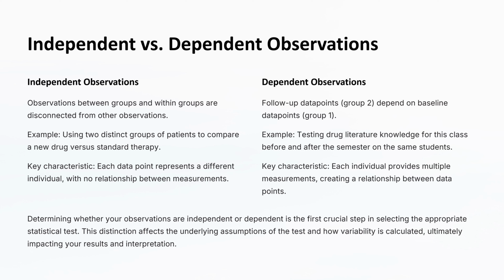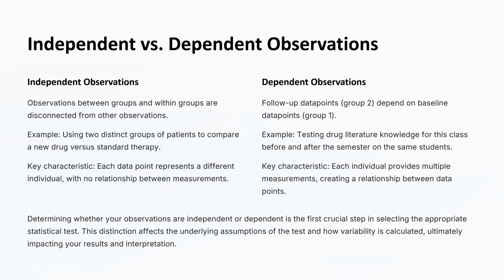There's no relationship. In contrast, with dependent observations, there's a relationship. This could be, again, crossover testing, where the patient serves as their own control, or follow-up data points for group 2 that depend on baseline data points from group 1. Okay, so again, there's some sort of relationship between the individuals and their measurements. There are multiple measures in the same individual.